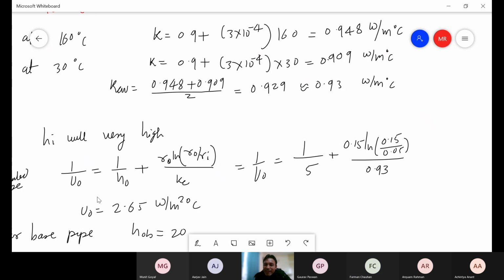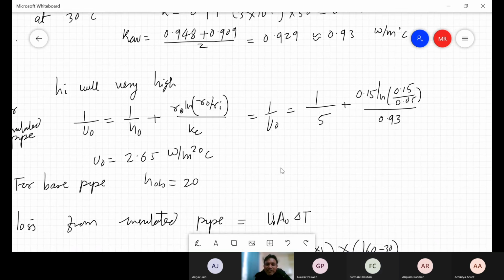So don't get confused with H_0 and H_0B. Both are the heat transfer coefficients outside. In one case there is no insulation. In another case there is insulation. That's it. But both are with respect to outside.